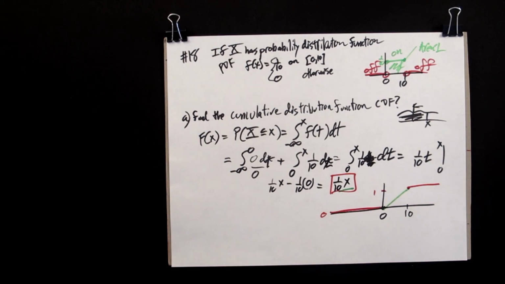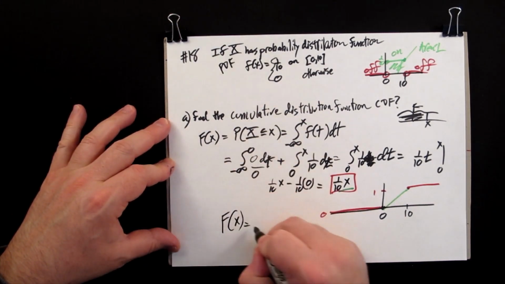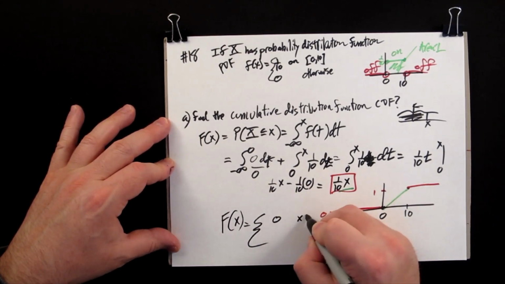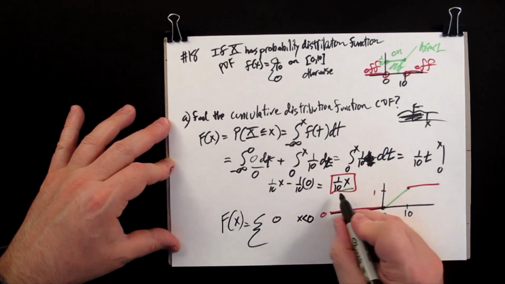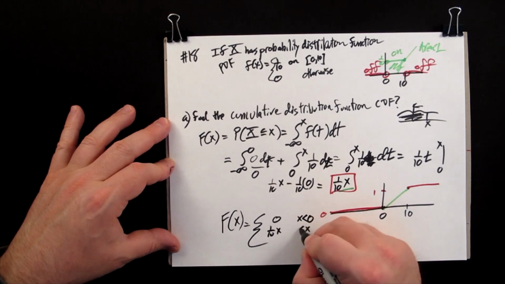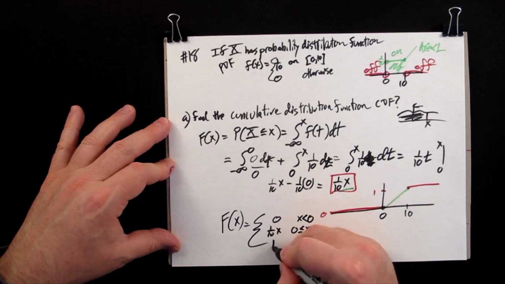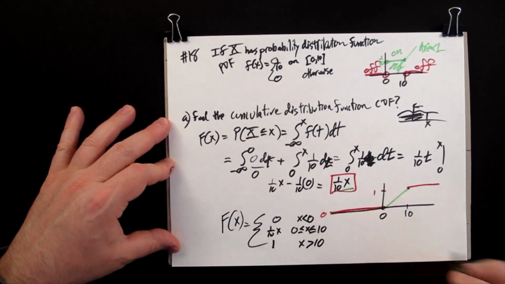Okay, and so this says that the CDF function is piecewise, so it's going to be 0 when x is less than 0, and then it switches to this formula when x is between 0 and 10, and then it is 1 when x is greater than 10.